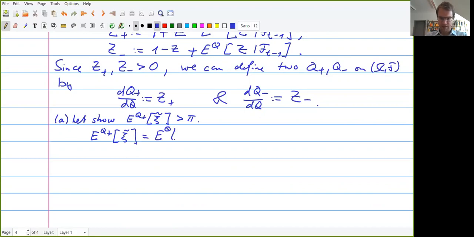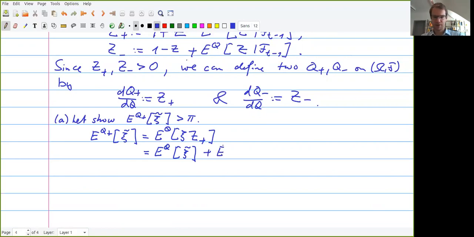This is psi, and we use the Radon-Nikodym density Z plus. Now we use the density to go over to the measure Q, so we have everything under the measure Q. Here we have the expected value under Q of the discounted claim plus this.